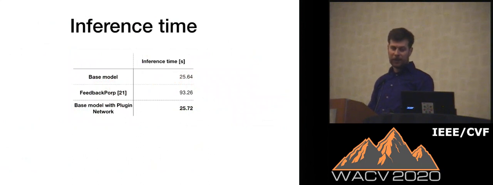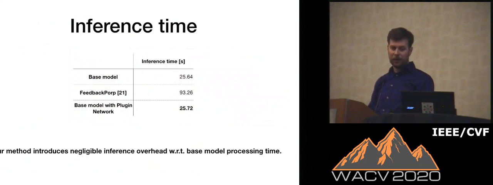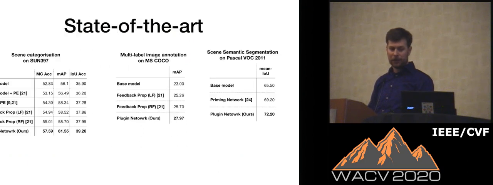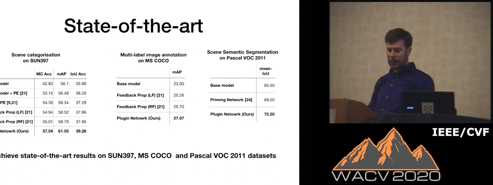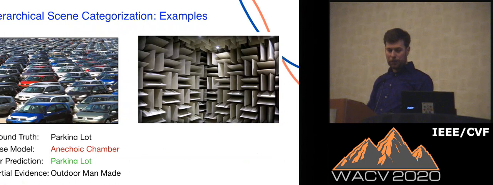Our method is as fast as a base network and much faster than other competitors from the methods that use partial evidence, and we achieve state-of-the-art results compared to other methods that utilize partial evidence. Here are some qualitative results.